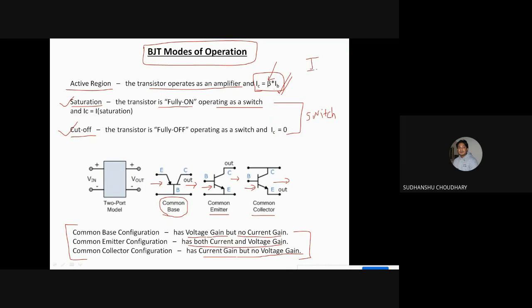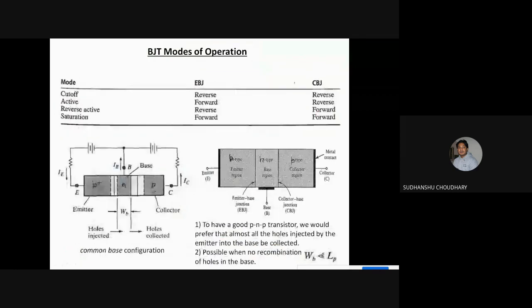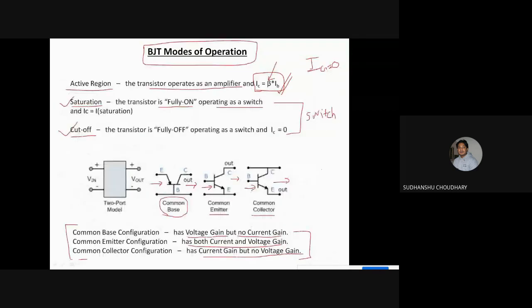So in the MOSFETs, we had seen the gate current was zero because the gate was insulated from the semiconductor. But in the BJT, you will have some base current. A small base current will always exist. So why will it exist? Why will there be base current here? We will comment on that.